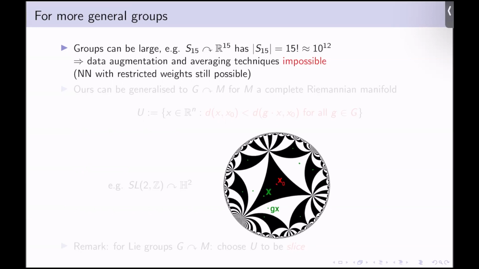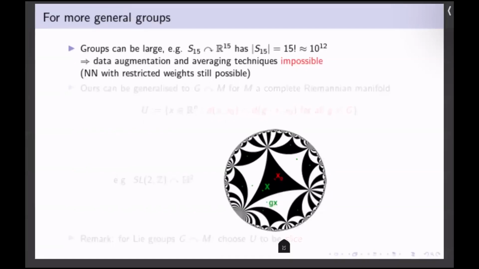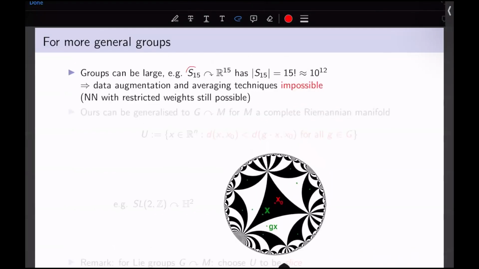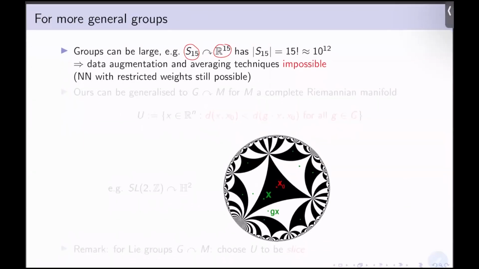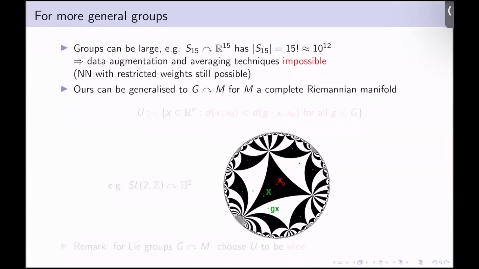Now, if you want to talk about generalizations, there are two things you can generalize. Either you can generalize the groups acting on Rn, or you can generalize the space that's being acted on. And I want to say a few words about both cases. So let's generalize the space that's being acted on.